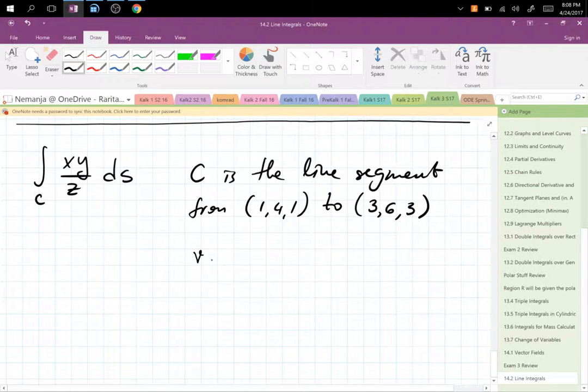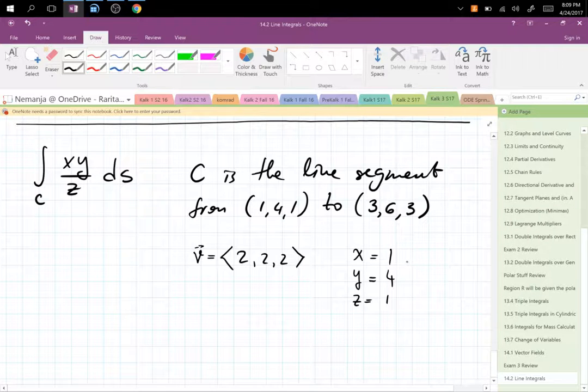So that vector v, if you remember, I think that's how we called it. 3 minus 1 is 2, so 2, 2, 2 is the vector, right? And then we use the point 1, 4, 1. We set up our x, y, z: 1, 4, 1 plus 2t, 2t, 2t.